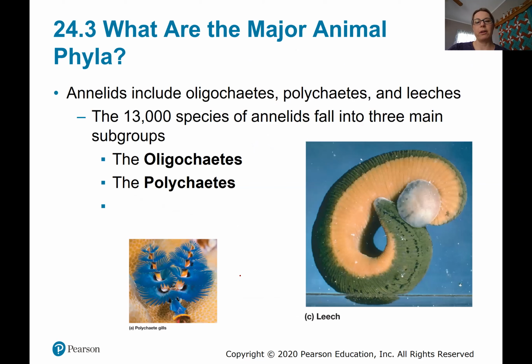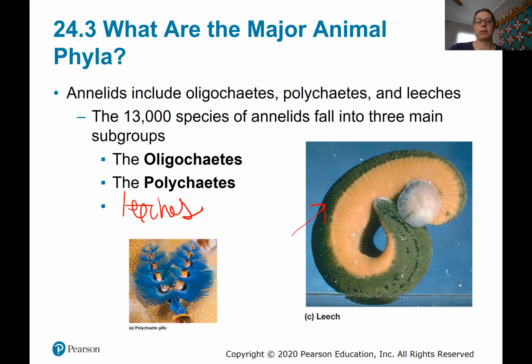Okay, some other annelids include, besides the earthworm, oligochaetes, polychaetes, and leeches. This one here is a picture of a leech. And leeches are kind of neat. They're used in medicine sometimes.